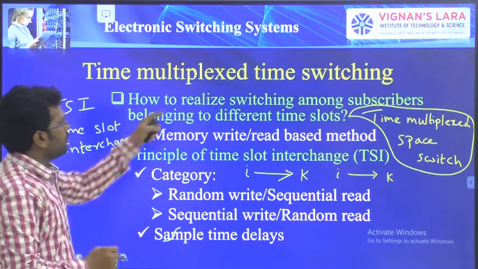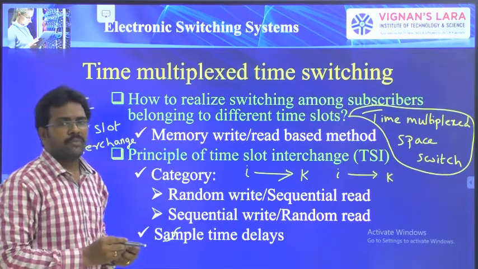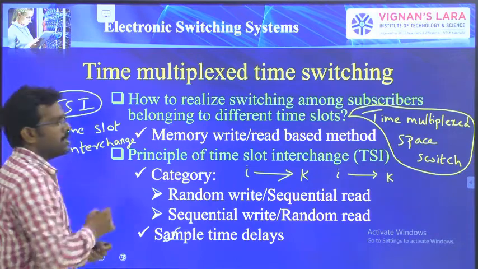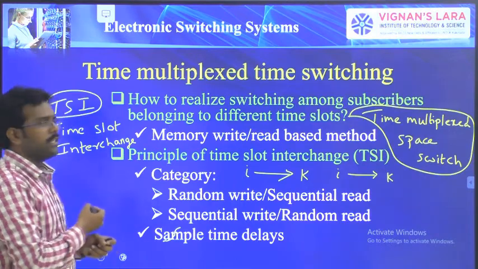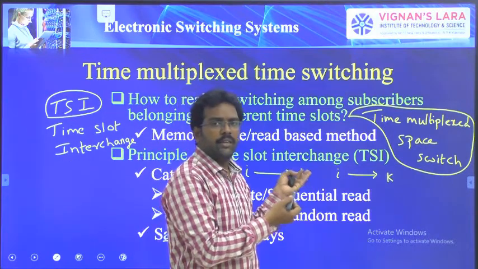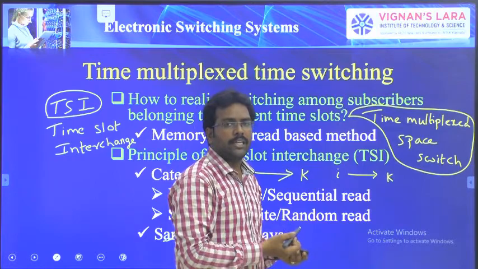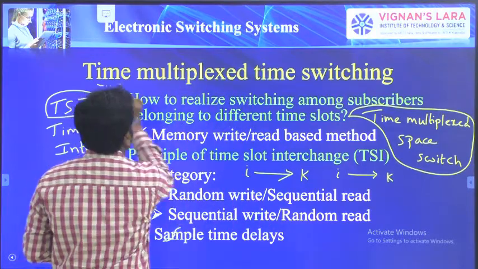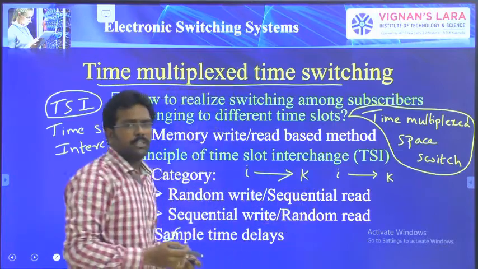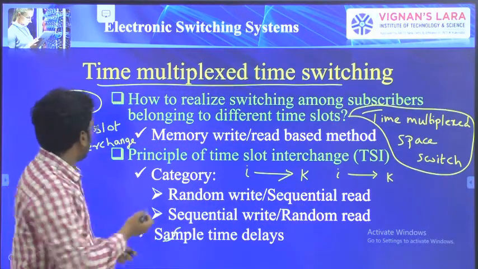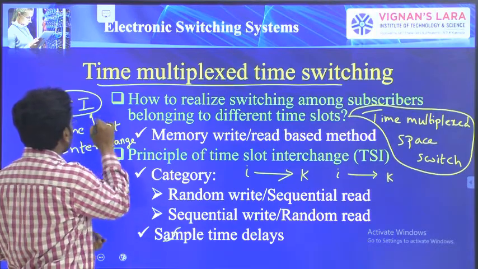This time multiplexed space switch will not support the concept of TSI, the time slot interchange concept, where data in the ith time slot can be transferred to a kth time slot outlet. With the help of time multiplexed time switching, it is possible. So first of all, we try to understand how this TSI works.